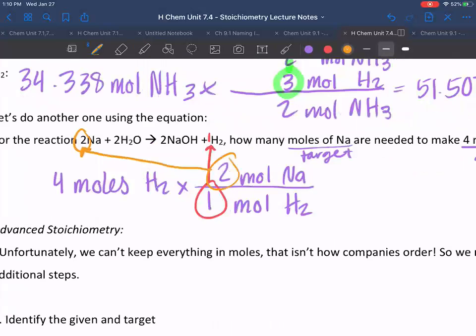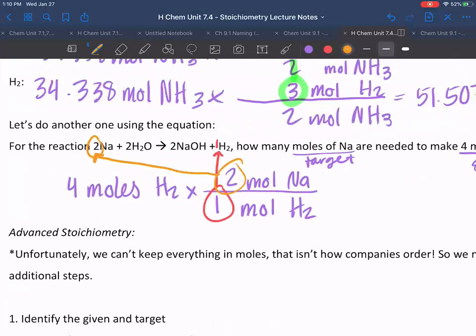Because hydrogen's on the product side and sodium's on the reactant side. So pretty much you can do conversions no matter what. So the goal of stoichiometry is, let's say I want to make 4 moles of hydrogen. How much sodium do I need? This is how you figure it out. So it's going to come from both sides.